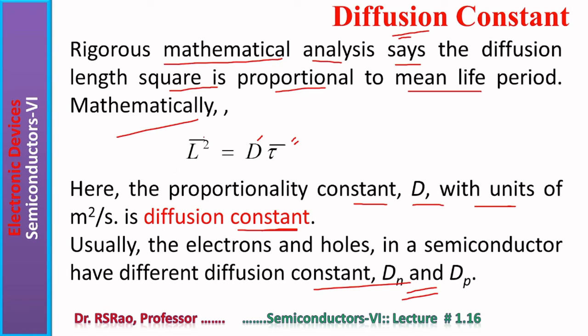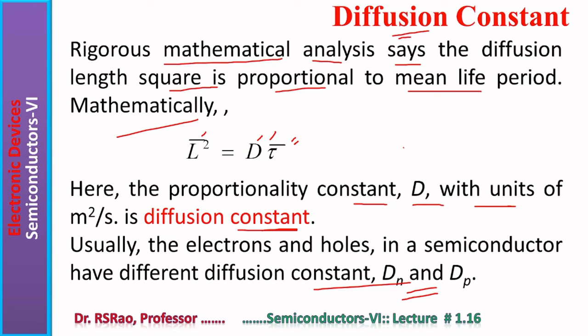Now, a few points regarding L and tau. What is L? What is tau? After generation, an electron or a hole keeps on traveling. While traveling, it encounters a hole and recombination happens, resulting in its disappearance. From generation to recombination, an electron travels a certain distance.